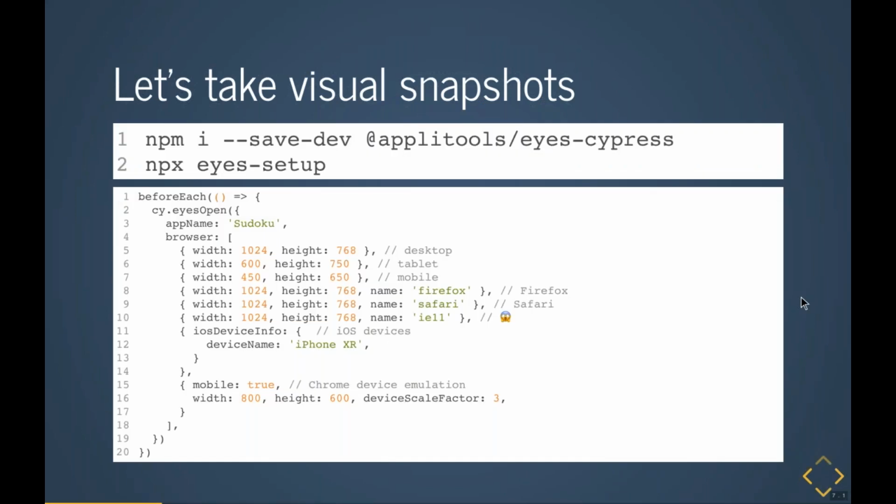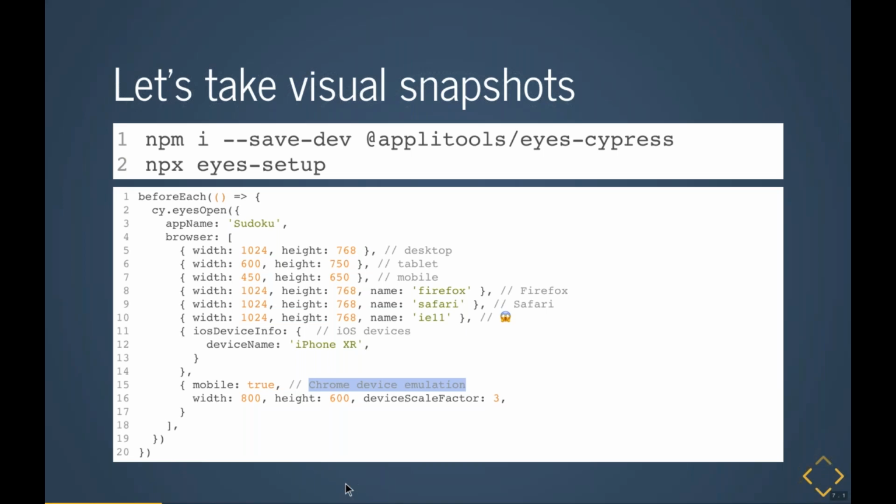That's for iOS. For Android, we don't yet have real Android devices, but we do have Chrome device simulation, which for all practical purposes is exactly the same. In this case, you specify that mobile is true, along with the width, the height, and the device scale factor. You can get those from the internet for that device.